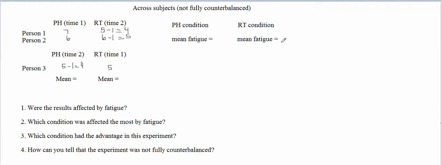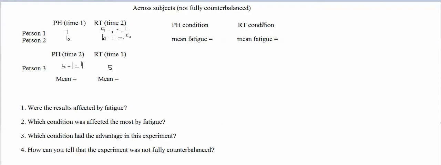And then you would look at the two fatigue scores, and if they're equal, then the results were not affected by fatigue. The answer would be no, because in that case, fatigue affected the two conditions equally. This is which condition was affected the most by fatigue. Well, let's go back to question 1 for a second.